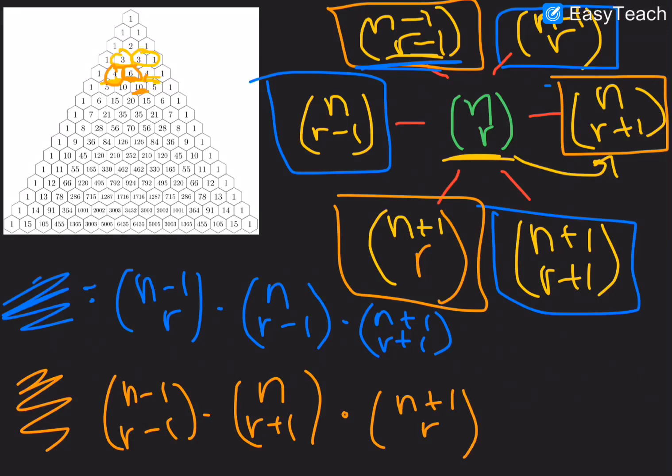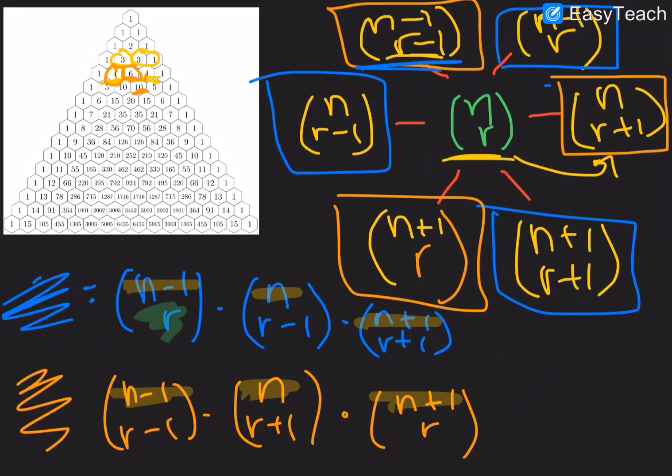So if you look, we have the n minus 1, n minus 1, n plus 1, n plus 1. And remember, if we expand these combinations out, you're just going to get the factorials of these, so they're still going to be the same.